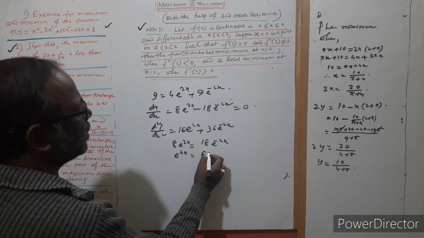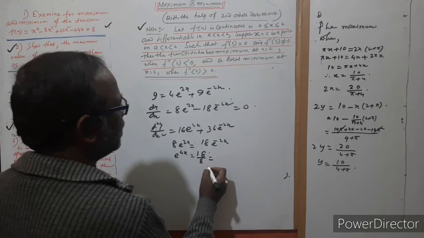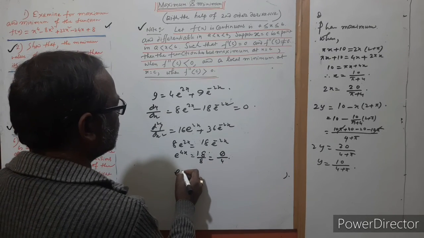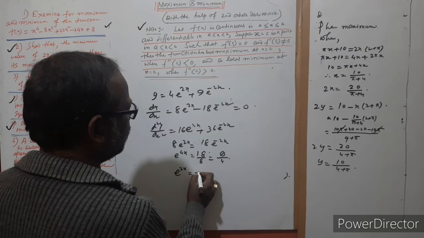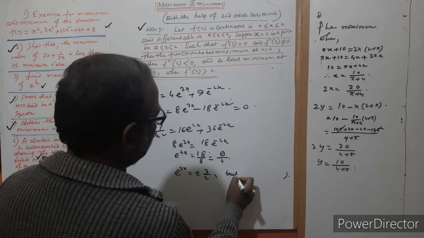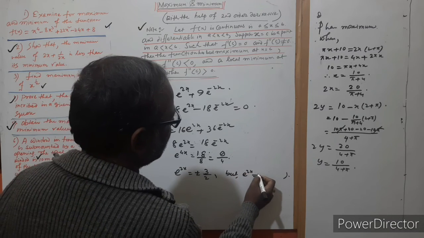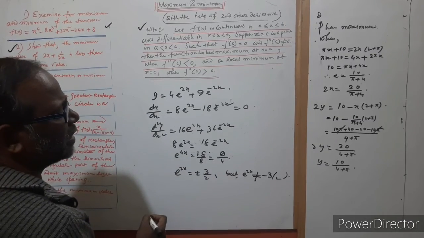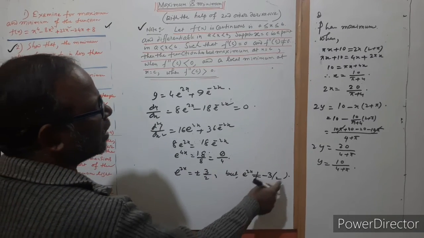Actually 18 by 8, so 9 by 4. So we got e to the power twice x is equal to plus minus 3 by 2, but e to the power twice x can never be minus 3 by 2, so it can't be negative. This is an exponential, so it can't be negative here.